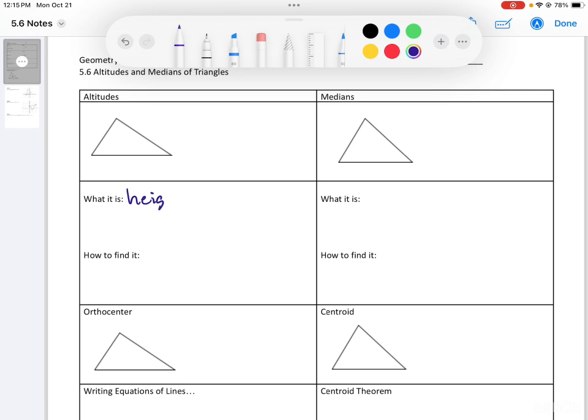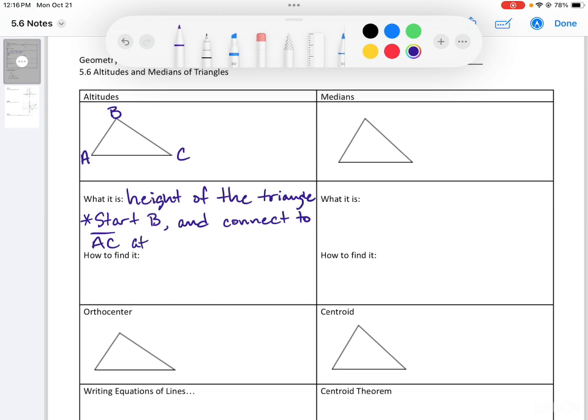All right, altitudes are the height of the triangle, and to locate it, if I have a triangle that's A, B, and C, I would start at B and connect to AC at a right angle, 90-degree angle.